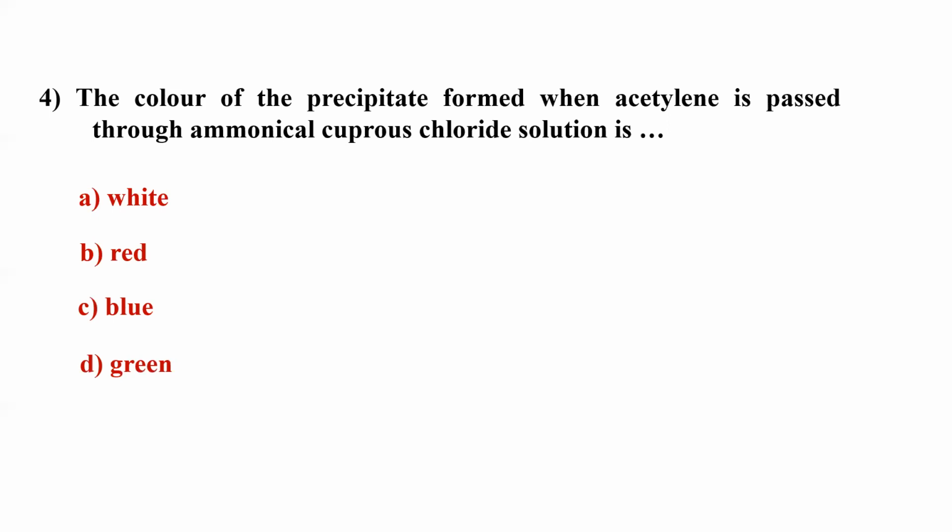I know you might not have come across this. It is a red precipitate. So a red precipitate is formed when acetylene is passed through ammoniacal cuprous chloride solution. Take a homework: find out what happens when acetylene is reacted with ammoniacal silver nitrate solution. Find out what happens there and how you can identify the acidic nature of alkynes.